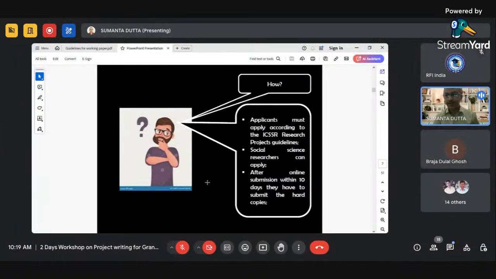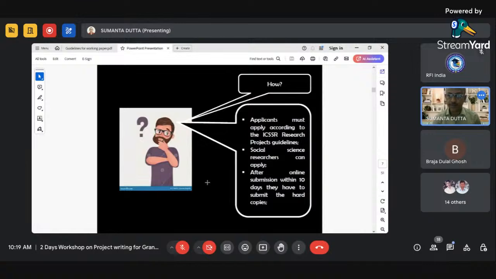In case of social science, researchers can apply. After you fill up the online form, within 10 days from the online form submission, you have to submit the hard copy to the respective ICSSR. At that point of time, you can see ICSSR in this context or not.